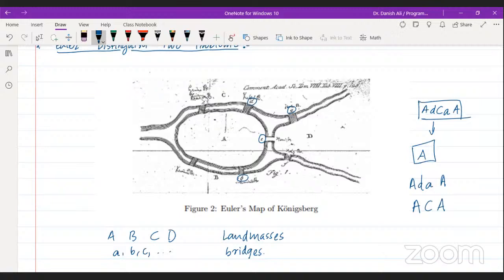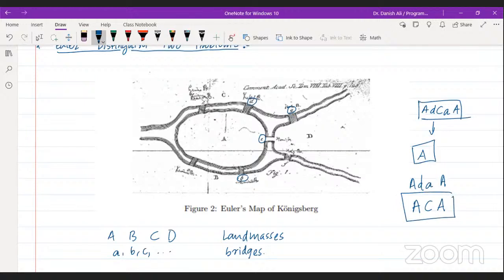He goes from A to C and then comes back from C to A. For example, he can go from A to C by using first bridge a and then come back using d. We know these are two different ways of doing this journey from A to C and then C to A, but if we can represent it by one notation, this is a good thing.